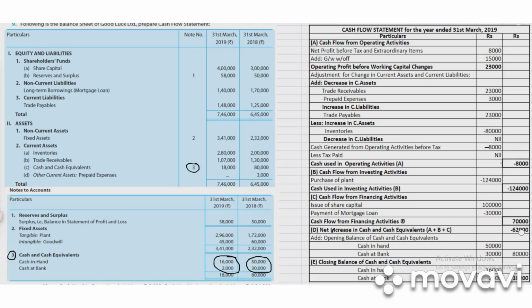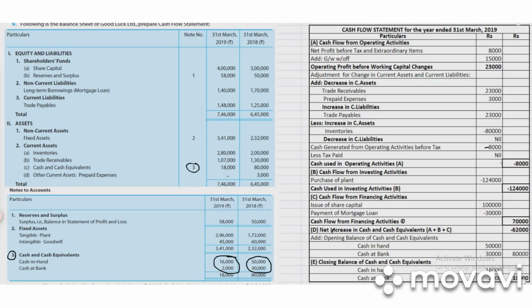You can see that here it is minus 62,000. If you add it to 80,000, you should be getting 18,000 plus figure. Okay, so this is matching. In this way we can check our answer for this cash flow statement. So this is how a cash flow statement is prepared.